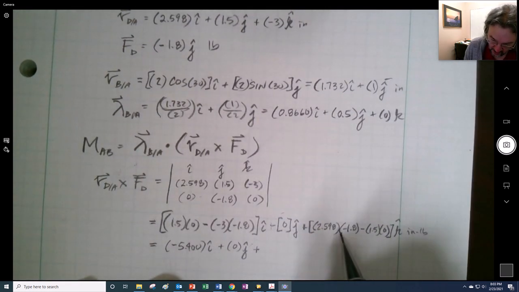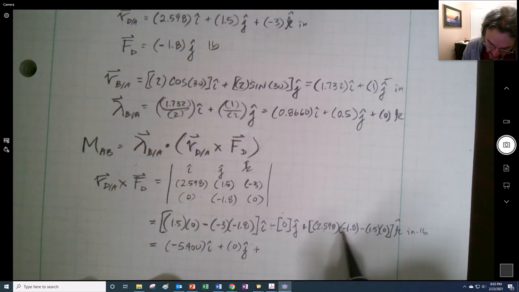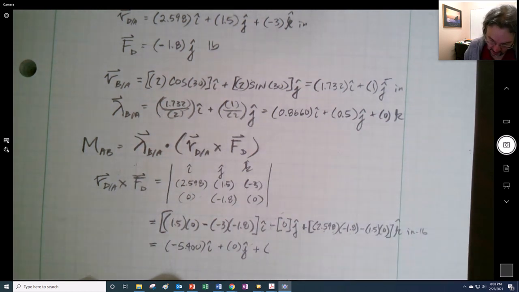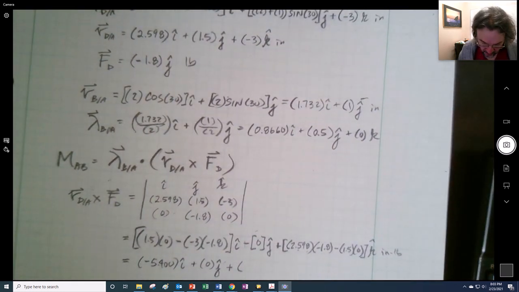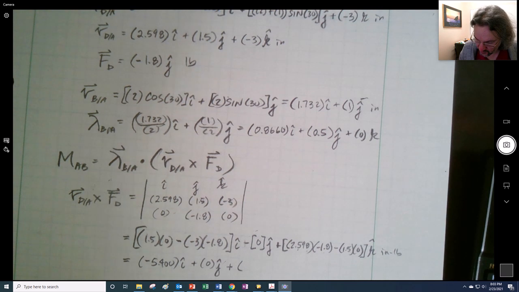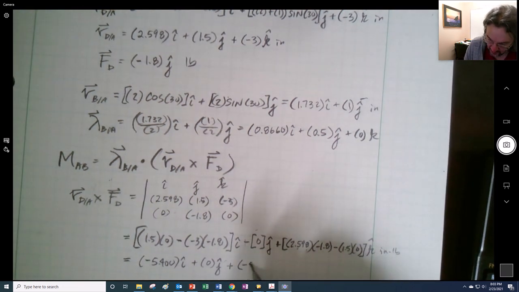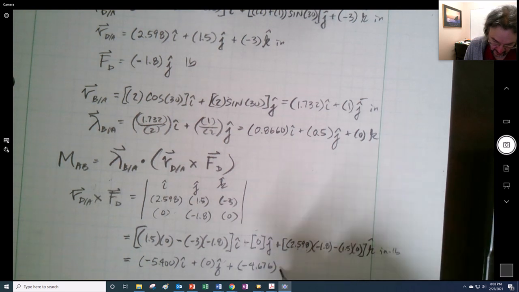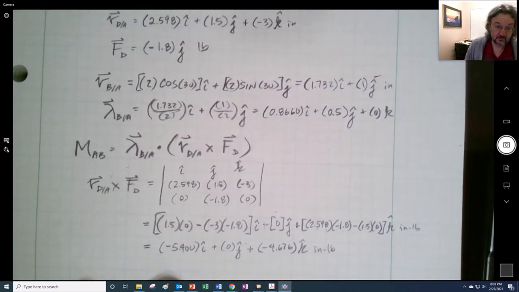And then this one is going to be negative, right? Because that's positive, that's negative. Okay, so that's going to be our 2.598 times 1.8, boom. So we get a negative 4.676, and this is K, and these are inch pounds. All right.